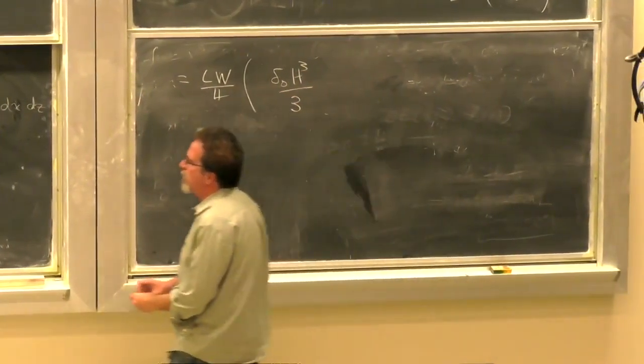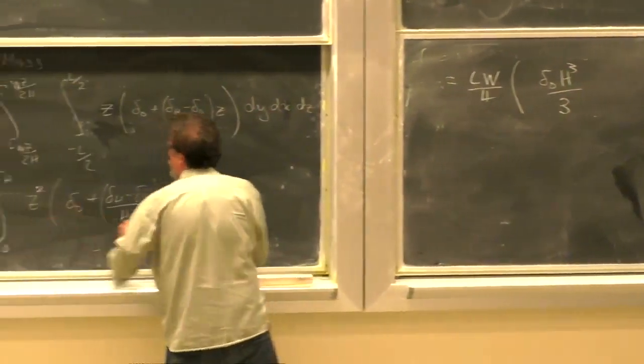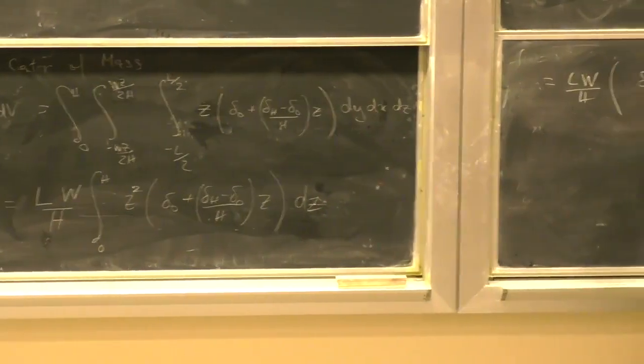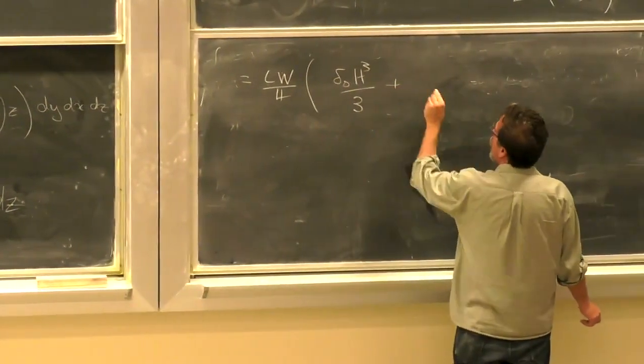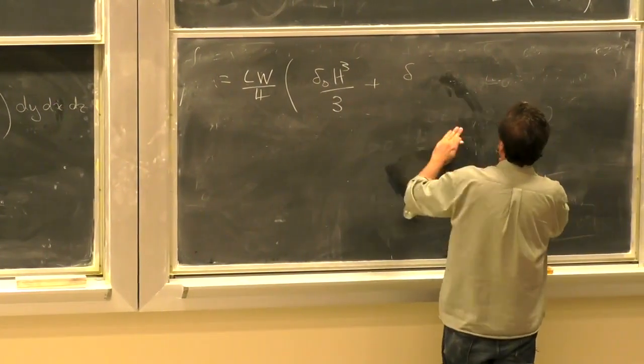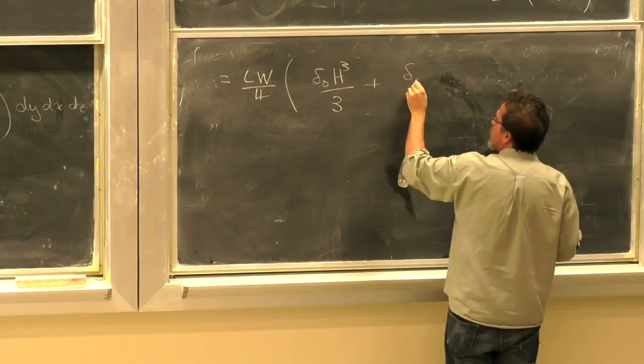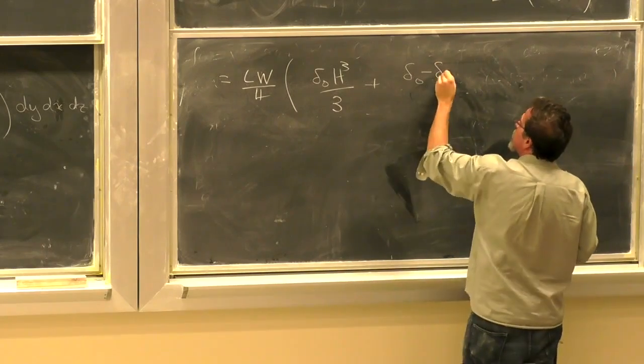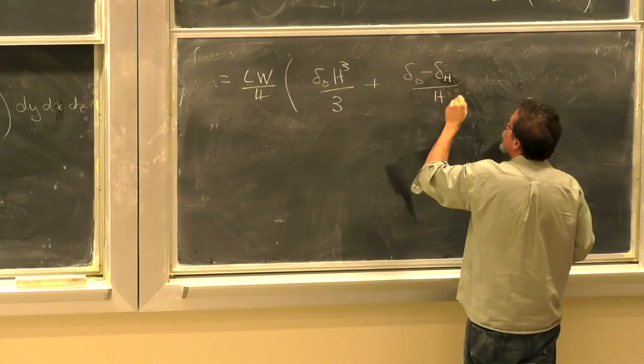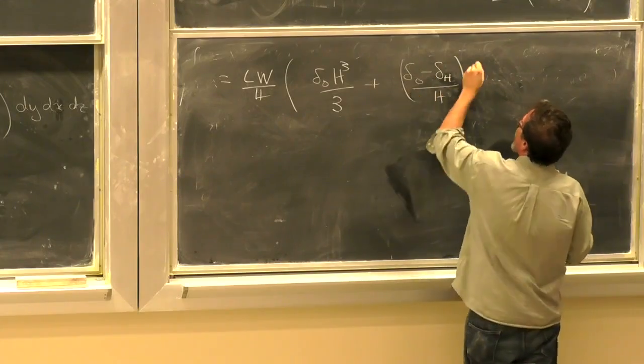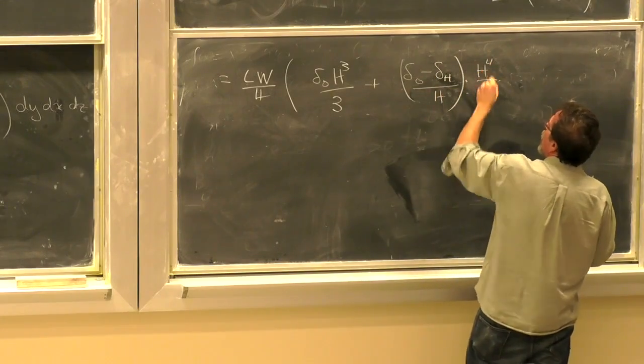And then this one is the integral of z cubed, which is z to the 4th over 4. So this is going to be delta h minus delta 0 over h times h to the 4th over 4.